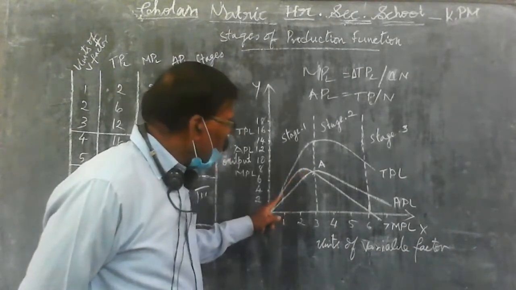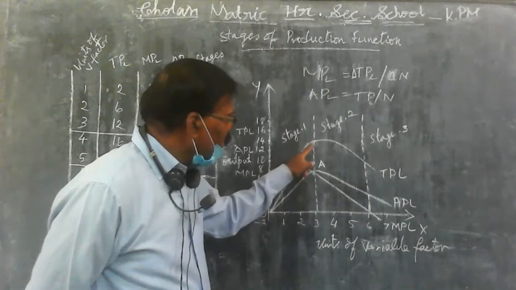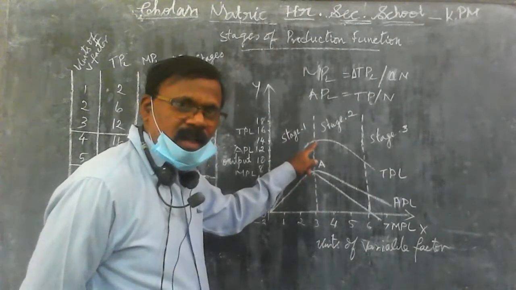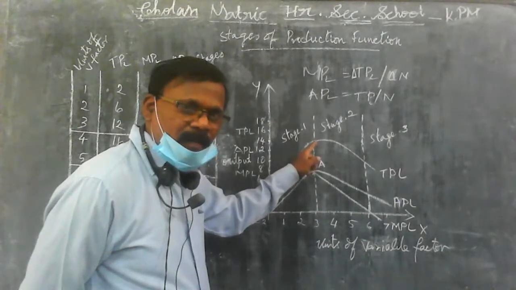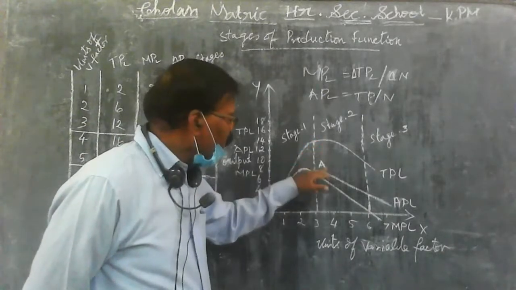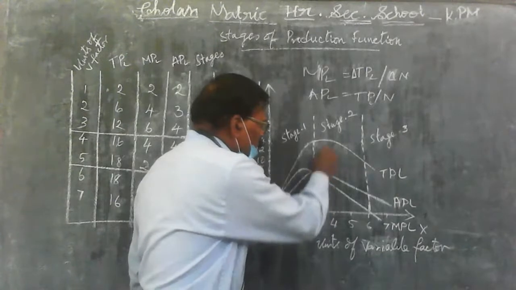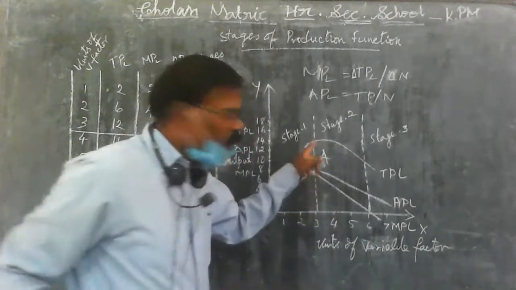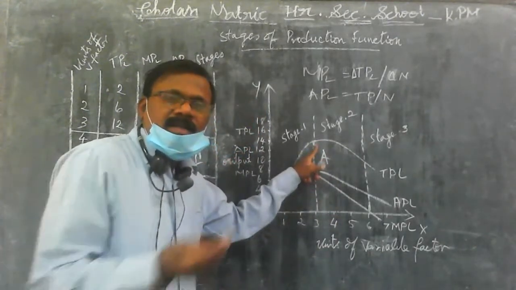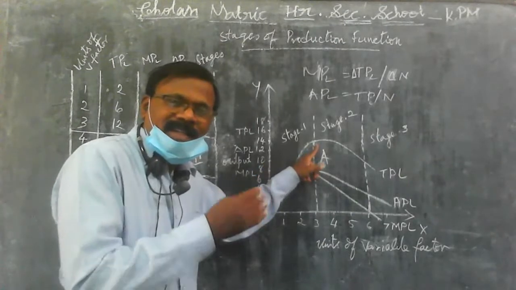The total product increases at an increasing pace up to the point A. At this point, it stops increasing at an increasing rate.